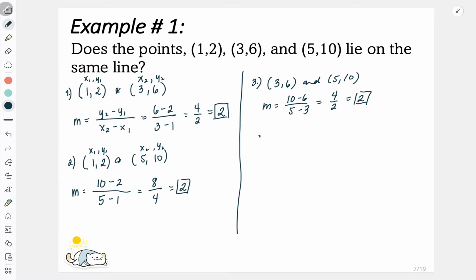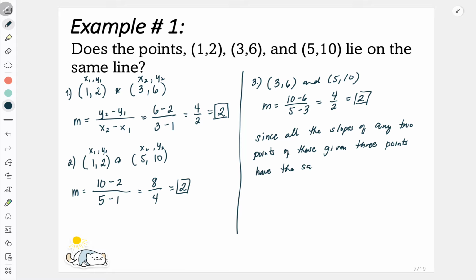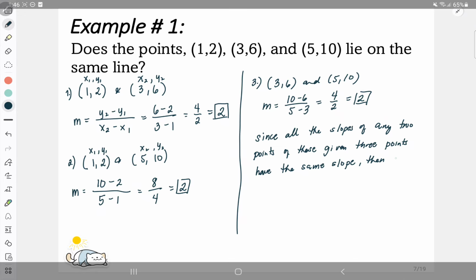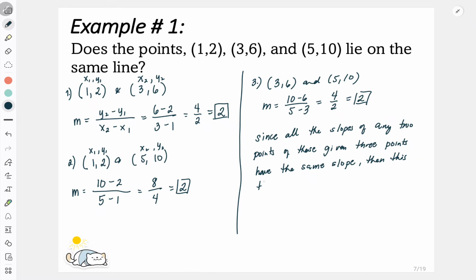So therefore, since the slopes of any 2 points of the given 3 points have the same slope, then these 3 points are collinear.